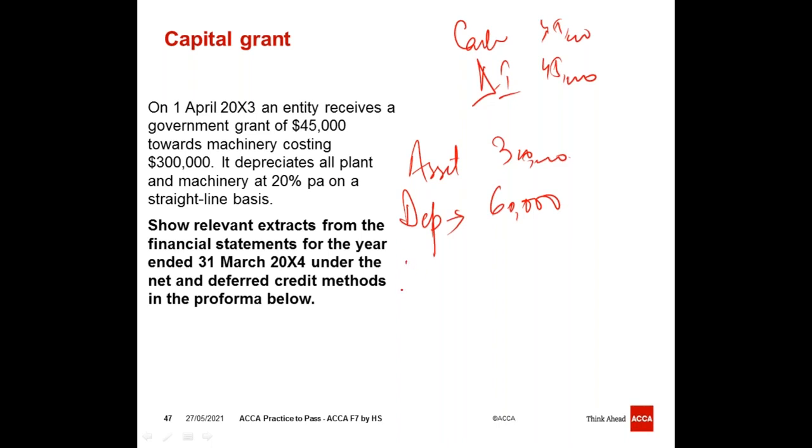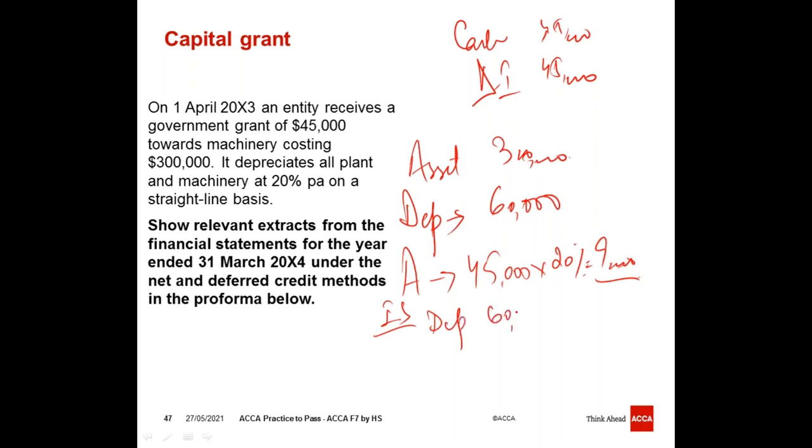At the same time, you need to amortize the government grant, 45,000 with the same pattern, which is 9,000. So in the income statement, there will be a depreciation expense of 60,000 minus income of 9,000. So the net expense will remain the same, 51,000.